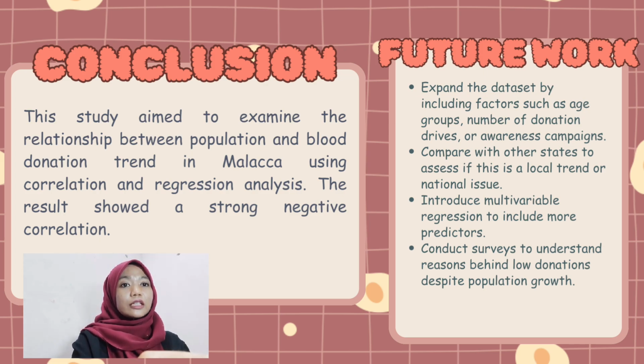Contrary to initial expectations, the results showed that as the population increased, the number of blood donations declined significantly. In this study, we found that the correlation coefficient is approximately negative 0.85, and the coefficient of determination has a value of 72.3%, indicating that population changes account for a large proportion of the variation in blood donation.